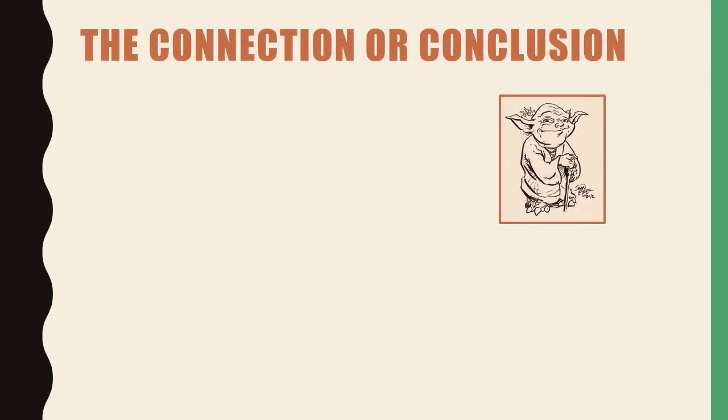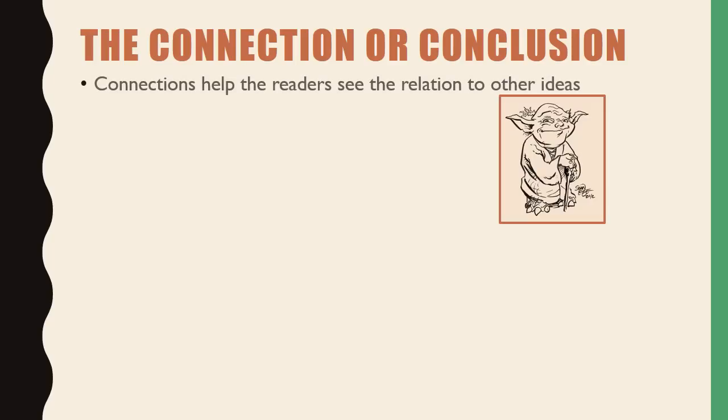Final part of any paragraph is the connection or the conclusion. Sometimes you do both things. Sometimes you're wrapping up a paragraph, but you're also connecting to another paragraph. So here's how you'll do that. Connections help the readers see the relation to other ideas. So, we're also talking about this, or maybe you heard another idea in another class or earlier in a class, or you heard an idea in the news and you see a connection between what you just proved and that thing that you heard.